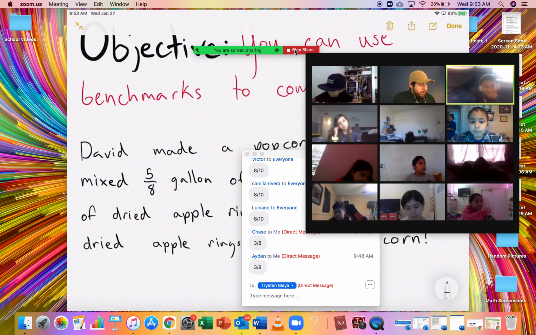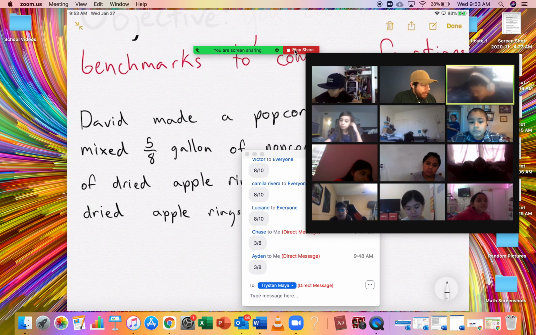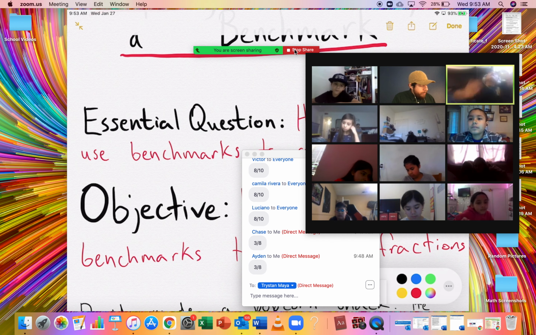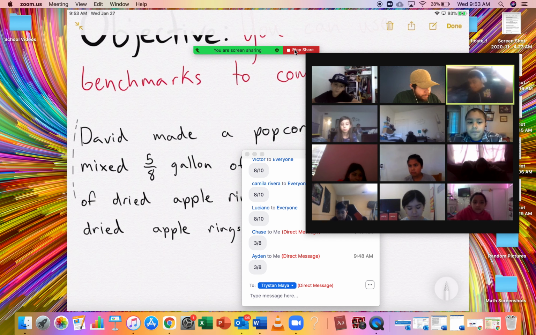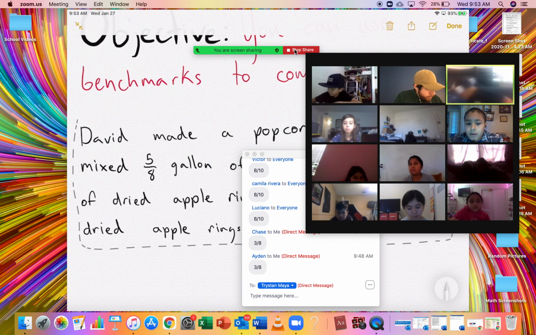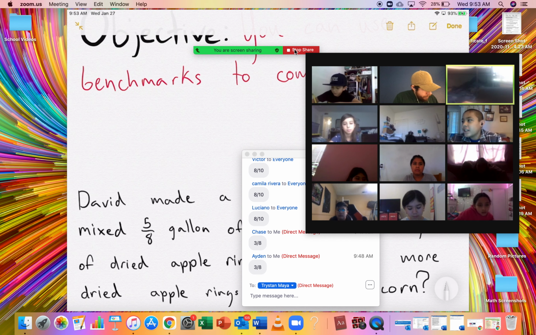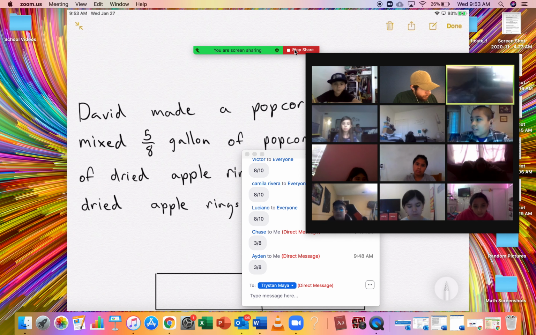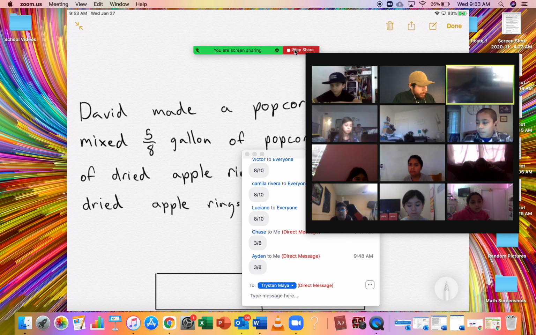Bookmark and benchmark do sound a little similar, but they're not quite the same thing. So while you're thinking of that, I just need to move this one down a little bit. Okay.